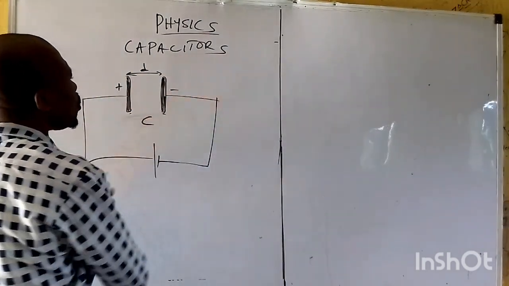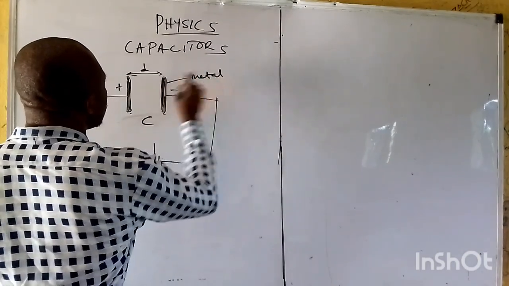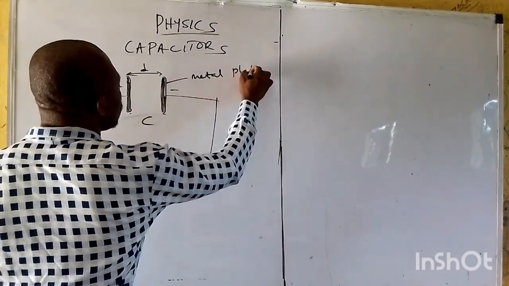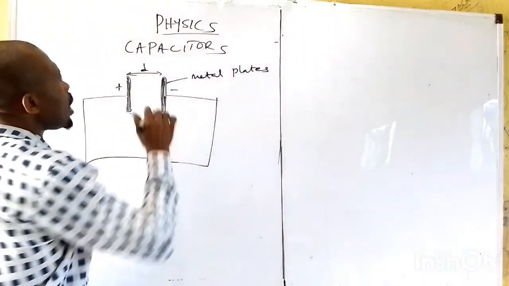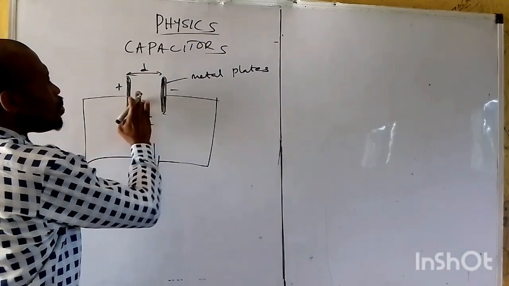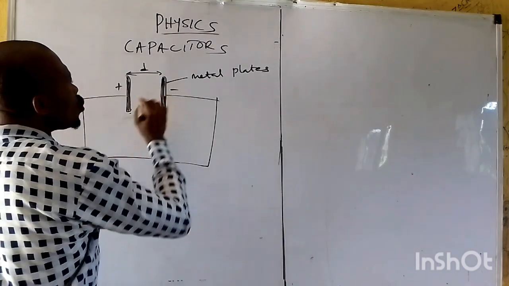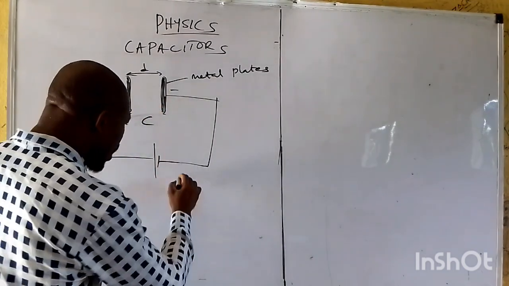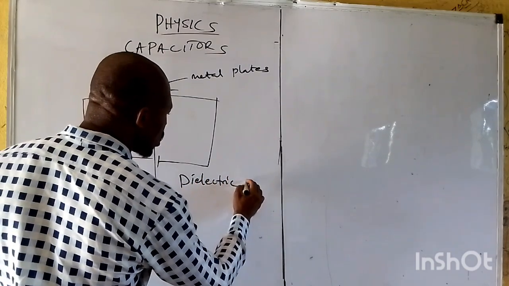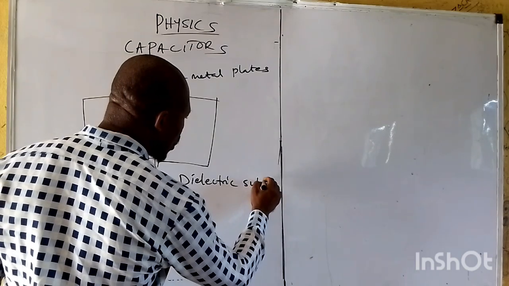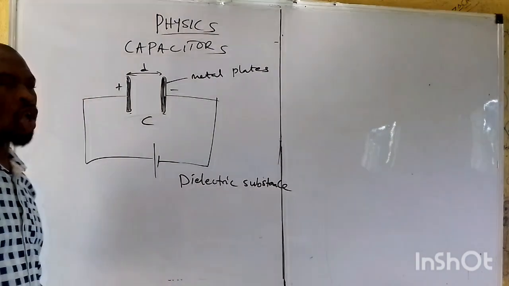So this is a capacitor, separated by a distance d. We have metal plates, both these and these are metal plates. That distance is just a gap, and an insulator is placed between these plates. It's an insulator called dielectric substance, or dielectric constant.